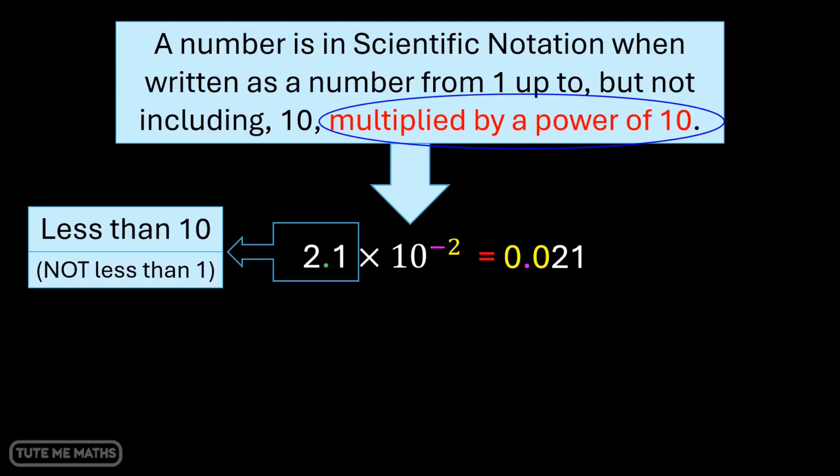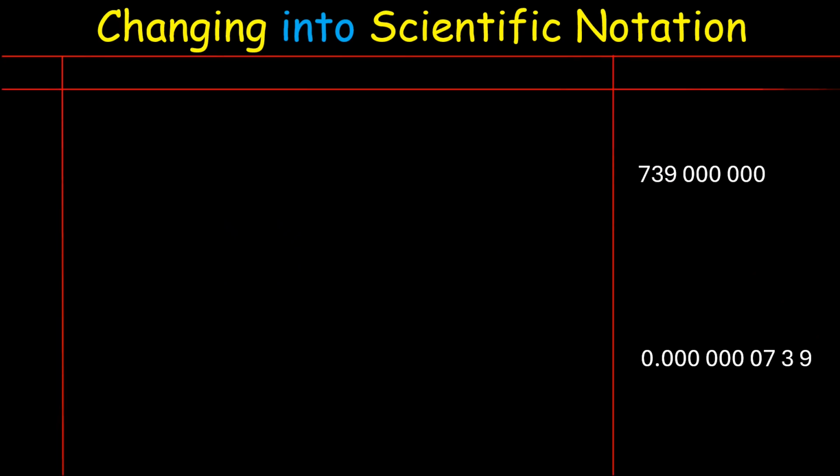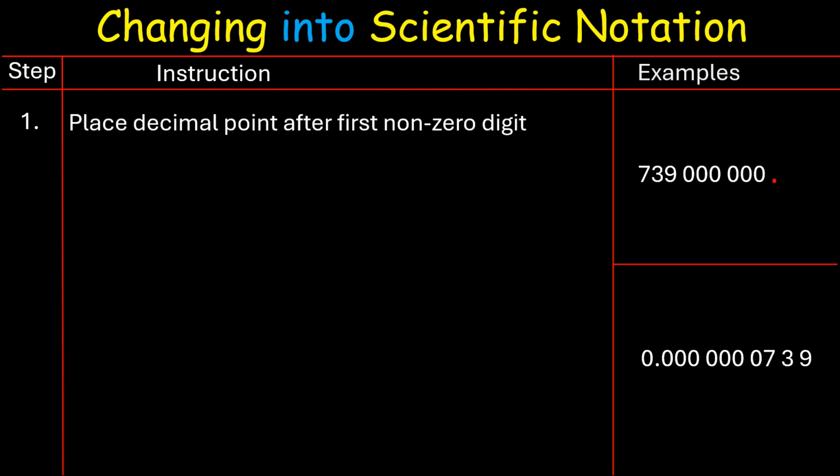Now we can summarize the simple steps to follow for changing any number into scientific notation form. I will complete these two examples as we go. First, we move the decimal point to follow the first non-zero digit. This always gives us a value greater than or equal to 1 but less than 10.